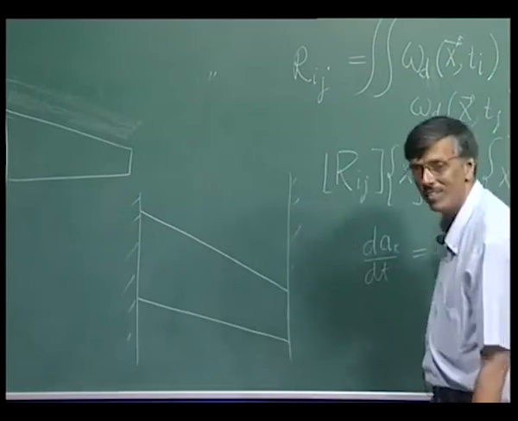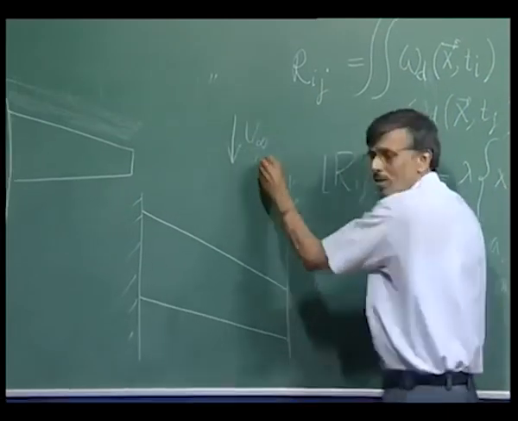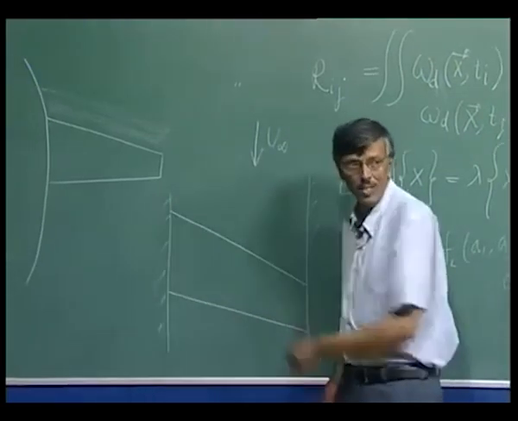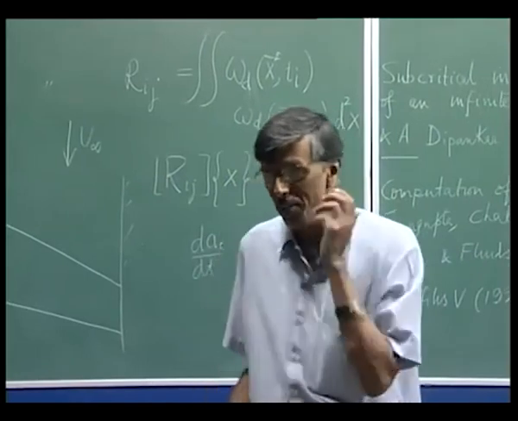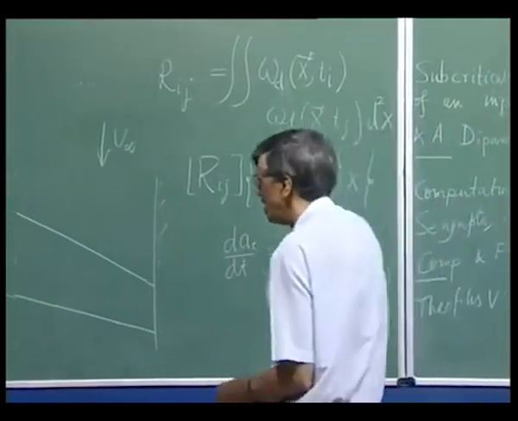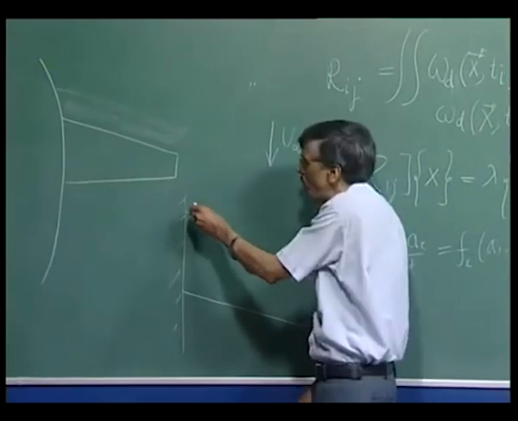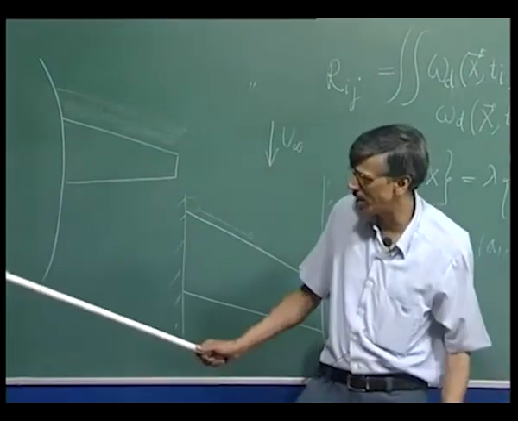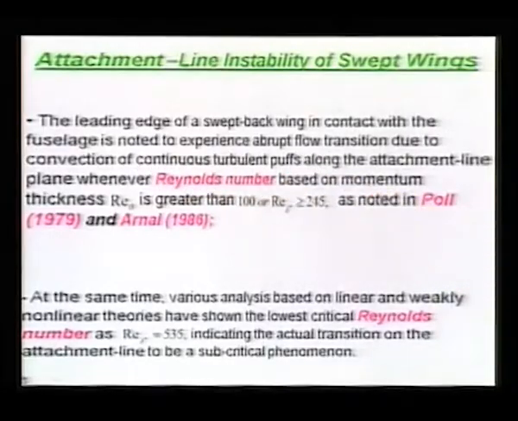Then what happens? Flow is coming like this. Because of this junction, you will create eddies, corner eddies, and because of the sweep, those eddies are not able to stay there. They are forced to convect this way. That is what they are talking about, that convection of continuous turbulent puffs.